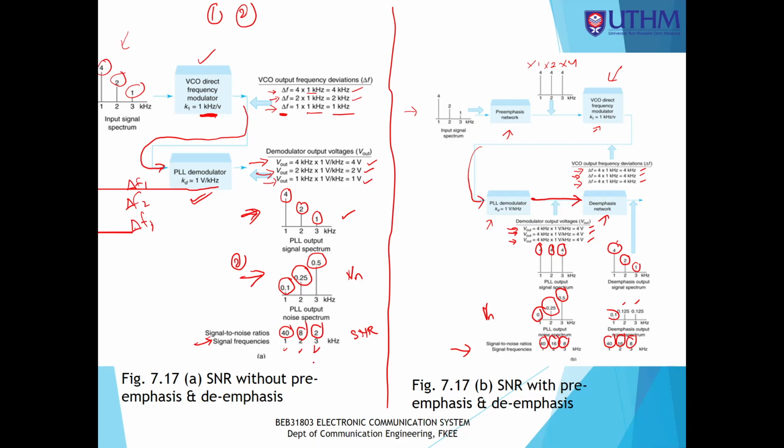So if you compare, okay, the pre-emphasis and de-emphasis produce better SNR, especially for the higher value of modulating signal frequency. Okay, so this is the reason why the FM transmitter and receiver use the pre-emphasis and de-emphasis process.